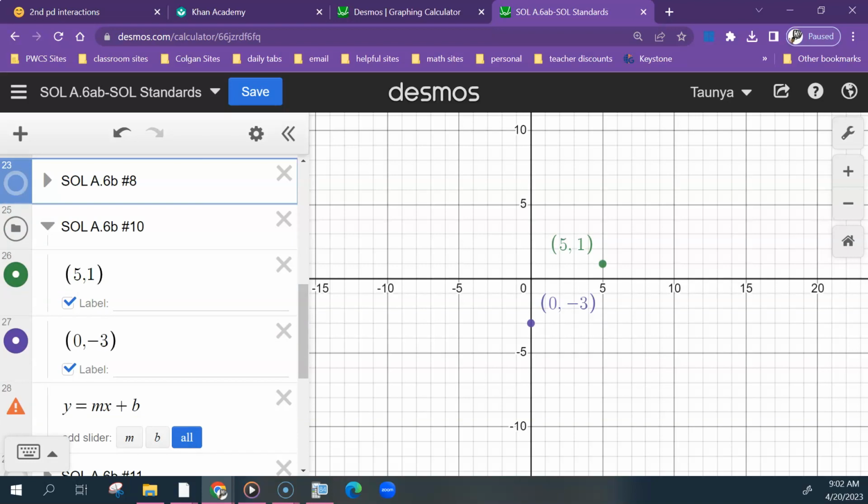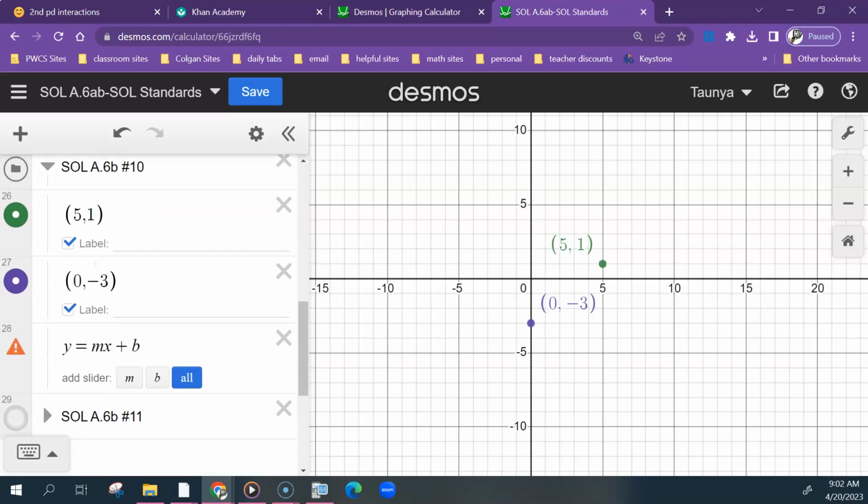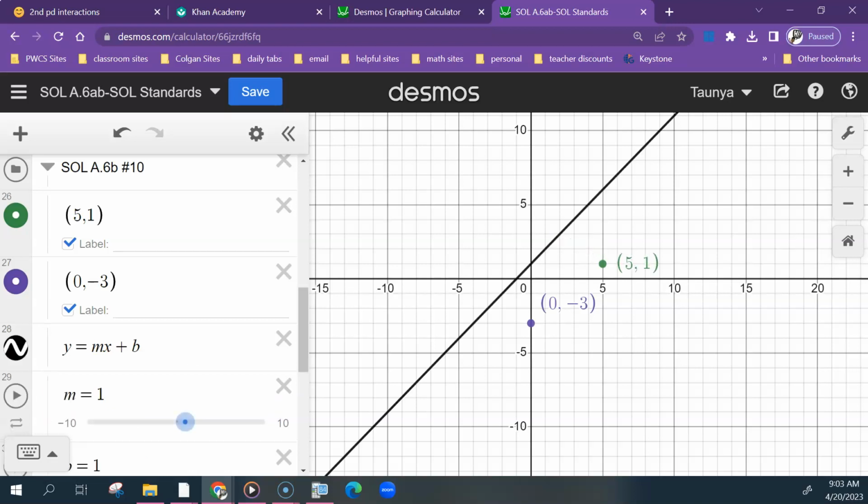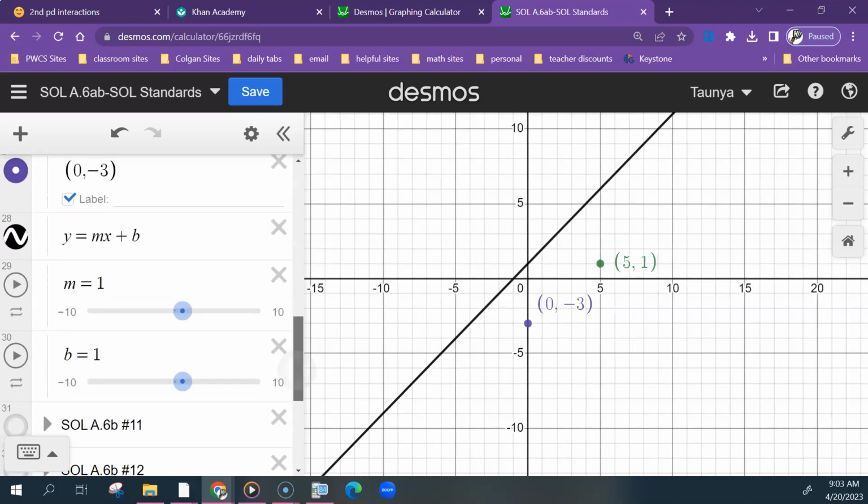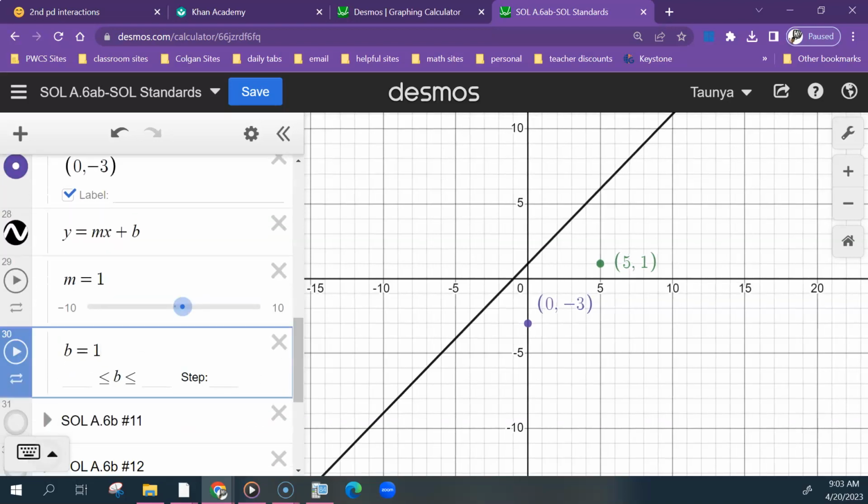10, you had to find the equation of the line. So if you put in the 2 points given, and you put in y equals mx plus b, add in sliders, you know what your y-intercept is. So we can change that to -3.